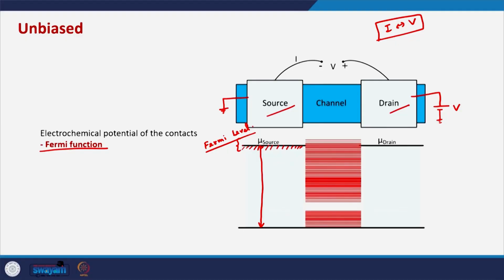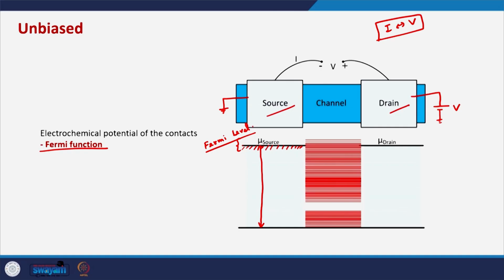So, for source and drain contacts, just by knowing their Fermi level and Fermi function at non-zero temperatures, we can figure out the distribution of electrons, how many electrons exist at what energy. This we can easily deduce. But for the channel region, which is a small region in modern devices, electrons may not take a continuum of energy values.